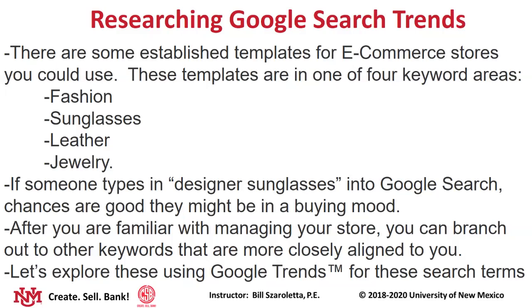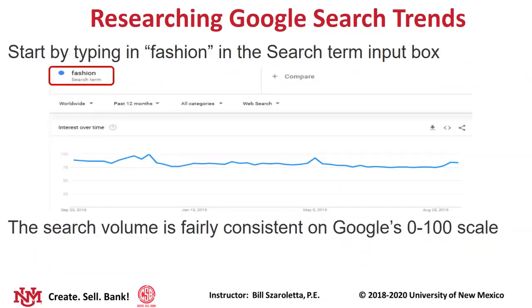So, it's like I was talking about earlier with the 82-inch class RU8000 premium smart 4K. Somebody types in designer sunglasses, they're closer to being in a buying mood than if they just typed in sunglasses, and they could continue adding on to that if they have a particular model, part number, for instance. So, let's see what those search terms look like.